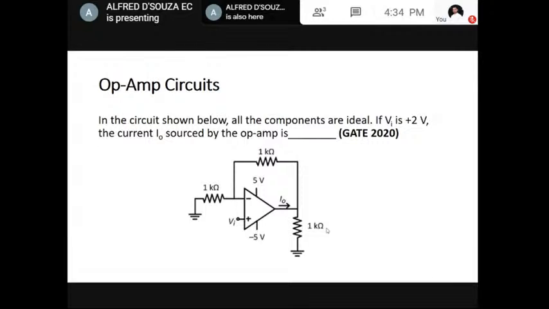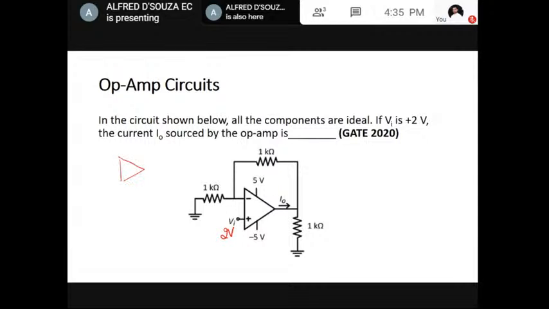So this is also a numerical answer type question. In this circuit, all the components are ideal. If VI is 2 volt, what is the current I0 sourced by the op amp? So first check what is the output voltage. This is a non-inverting amplifier.